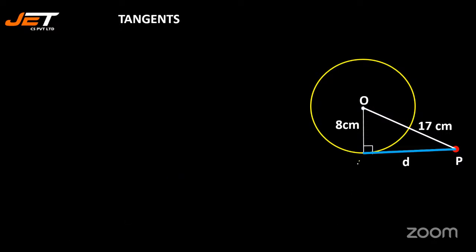So let us take this as A. So OP square, that is hypotenuse square, is nothing but opposite square plus adjacent square, AP square. So OP is 17 square, OA is 8 square plus d square. So 17 square minus 8 square is d square, right?